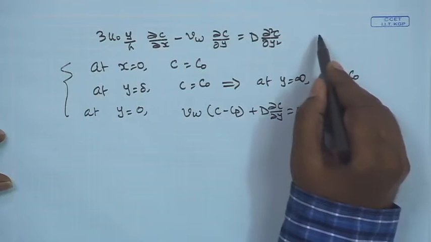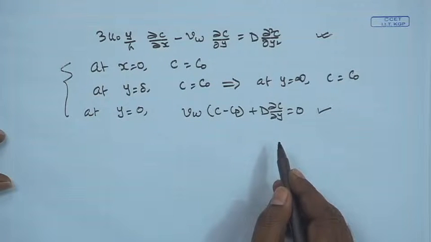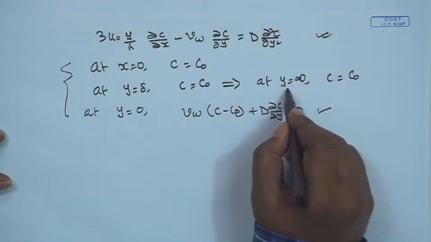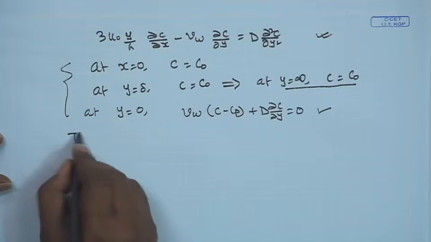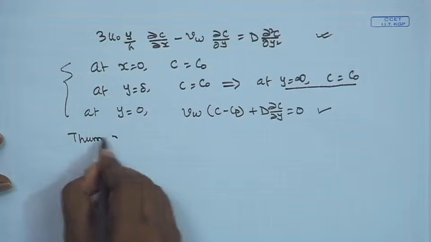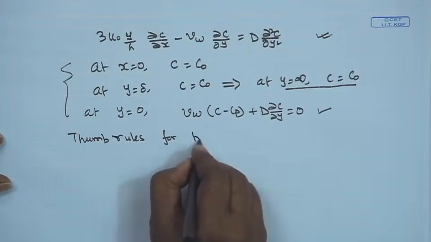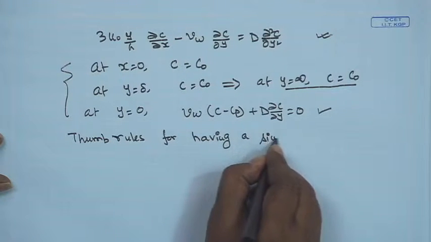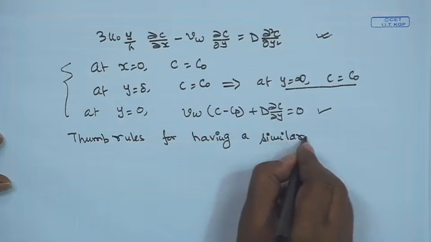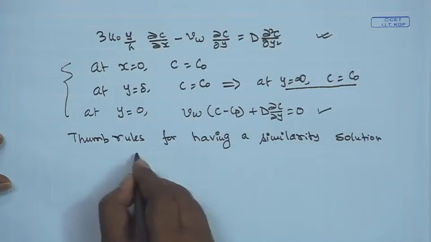The governing equation is a parabolic partial differential equation, and one of the boundary conditions is residing at infinity. So, there are two thumb rules for having a similarity solution to a partial differential equation.